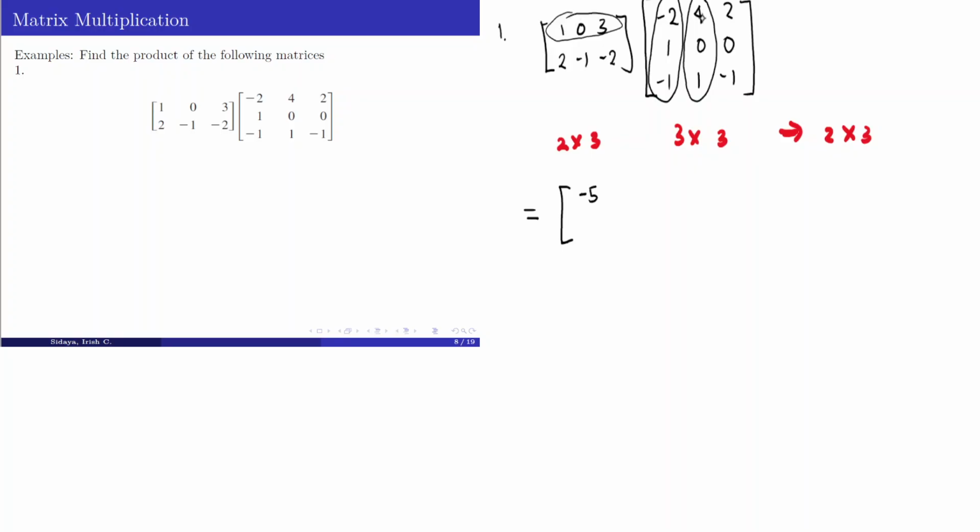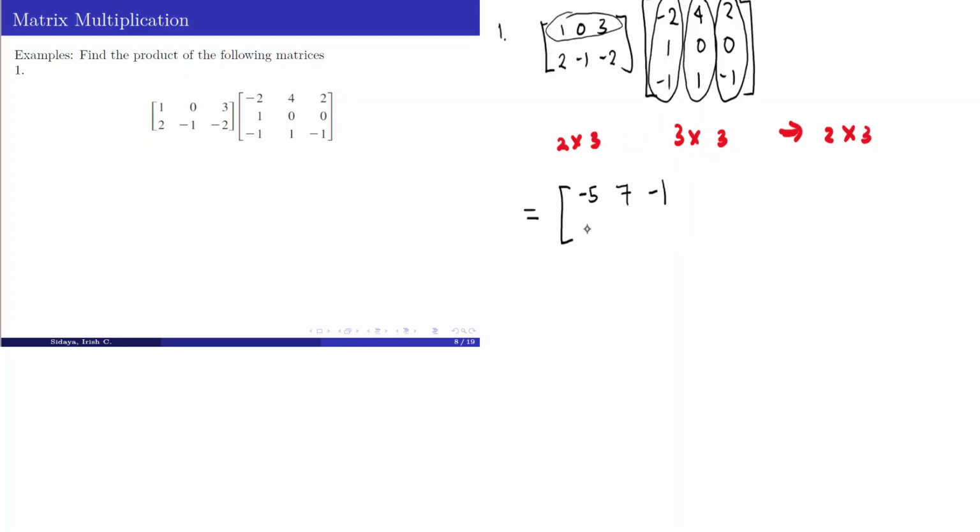So that's 1 times 4, that's 4. Then we have 0 and then we have 3. So that's 4 plus 3. We have 7. Next, we multiply this first row to the third column of the second matrix. So 1 times 2, we have 2. Again, we have 0 here, and then we have negative 3. So that is 2 plus negative 3. So we get negative 1.